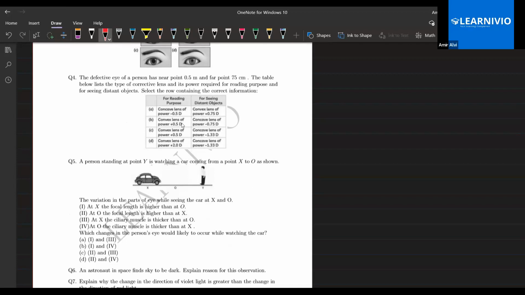In that case, the person should use a convex lens. The focal length is given, so power would be 2 diopter for the convex lens for the near, and negative 1.33 for the concave lens. So it would be option D. Clear?